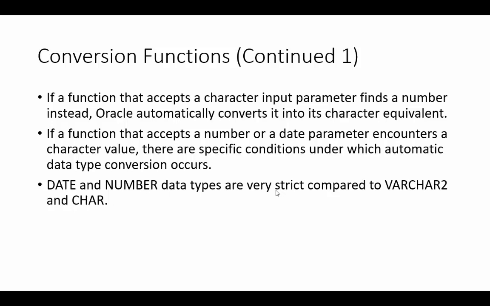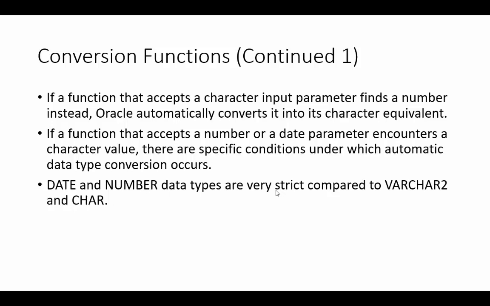Here we continue looking at conversion functions. If a function that accepts a character input parameter finds a number instead, Oracle automatically converts it into its character equivalent. If a function that accepts a number or a date parameter encounters a character value, there are specific conditions under which automatic data type conversions occur.